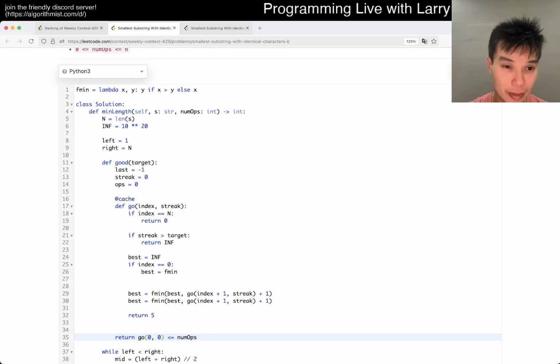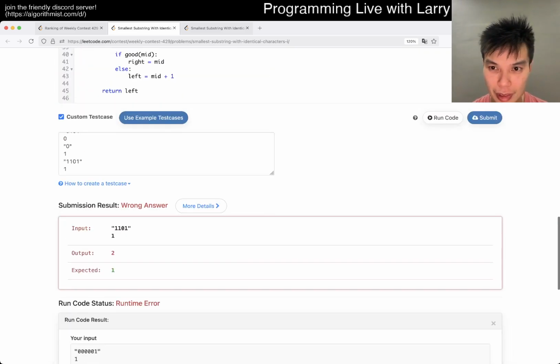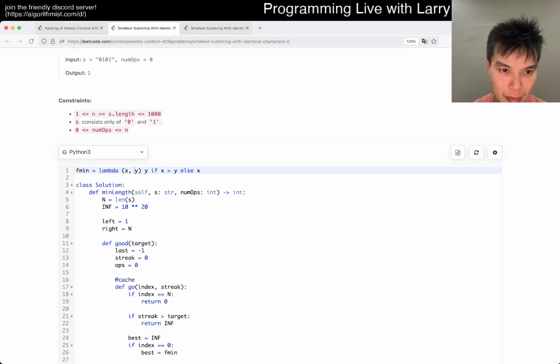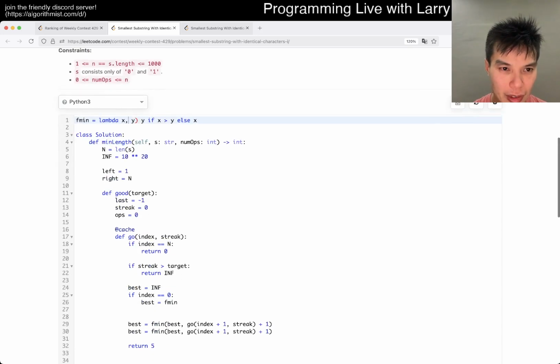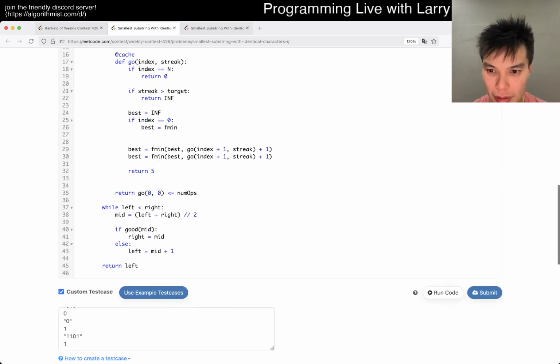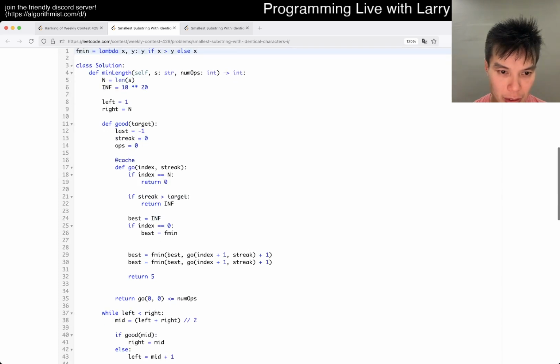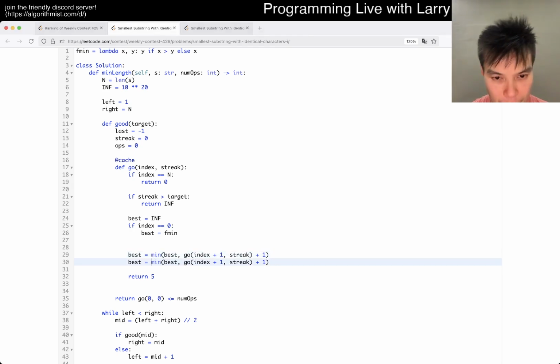I forget how to do it. I'm just being dumb today. Didn't I write this like last week? Why am I wasting time on this? Worry about it later. Okay, so then you, right? Then f is equal to min. Best go index + 1. You have a streak of 1.